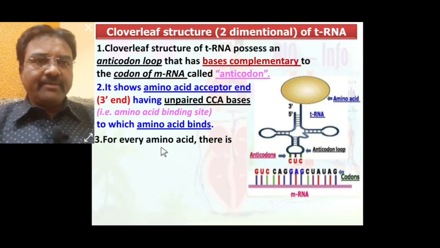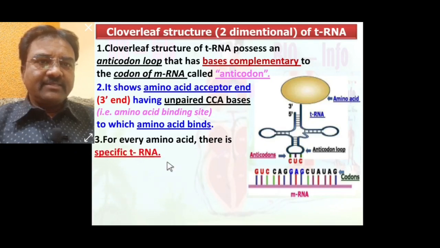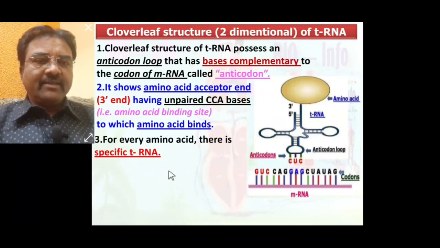For every amino acid there is a specific tRNA, meaning each and every amino acid has its specific tRNA. For example, the AUG codon present on mRNA: this tRNA is specific for methionine.